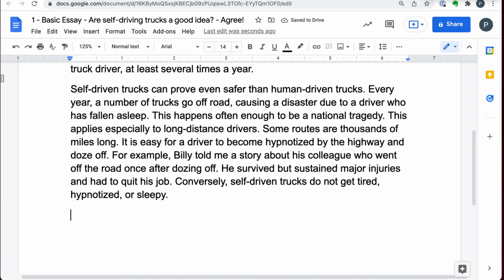I can do it, but I'll do it in some other essay because I want to start out with a basic one. Self-driven trucks do not get tired, hypnotized, or sleepy. But I'm not going to address the counter argument that self-driven trucks can also be dangerous. So I'm not going to worry about that at all.